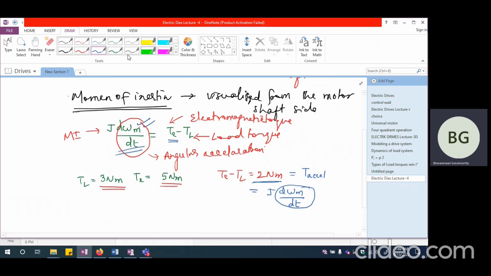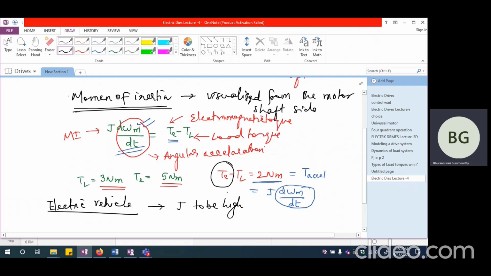This is one reason why, in the case of electric vehicles, the vehicle itself is heavy, so we are going to have J to be very, very high. Because J is high, unless we give a good amount of electromagnetic torque, we are not going to be able to accelerate the drive quite quickly.